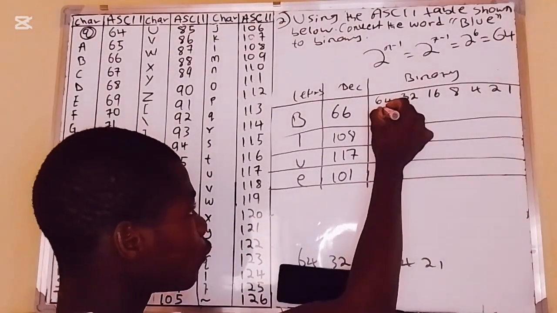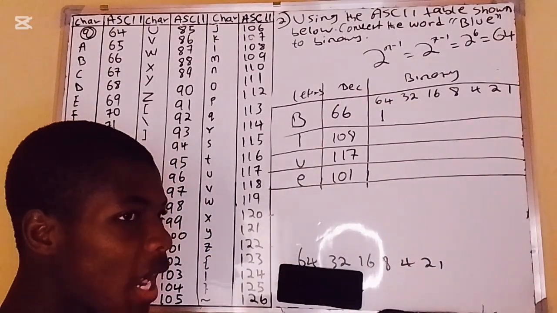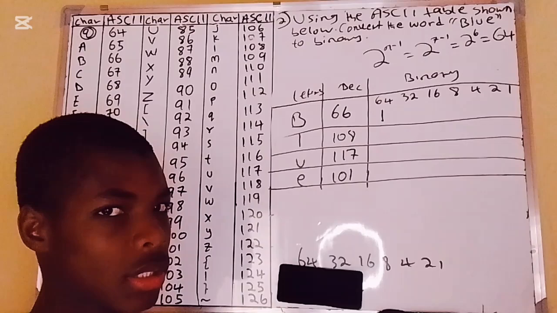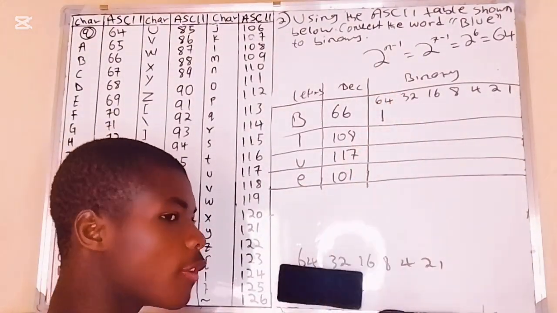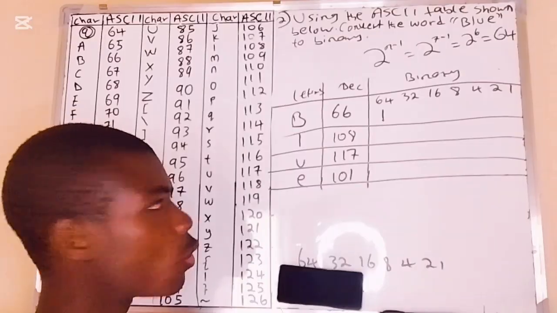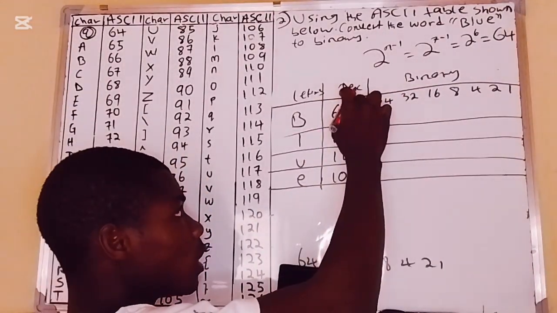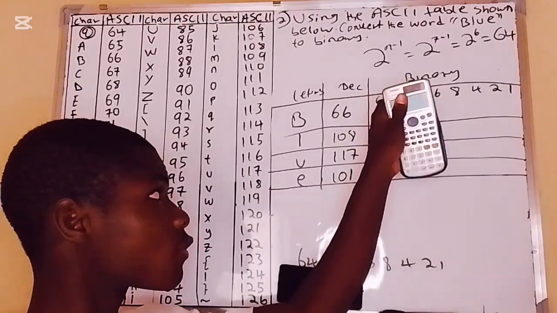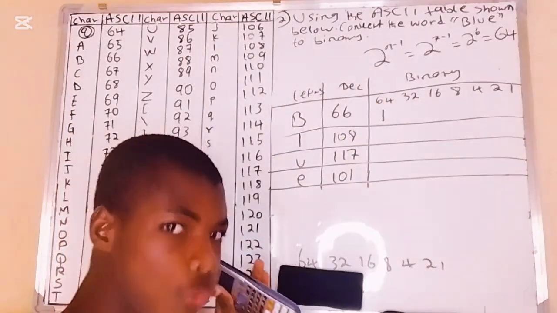The number that you include, you put 1. The number that you don't include will be 0. If I say 64 plus something, yes, it might work, but 64 plus 32 will not give me 66. Sorry, 64 plus 32 gives me more than the decimal I'm looking for.